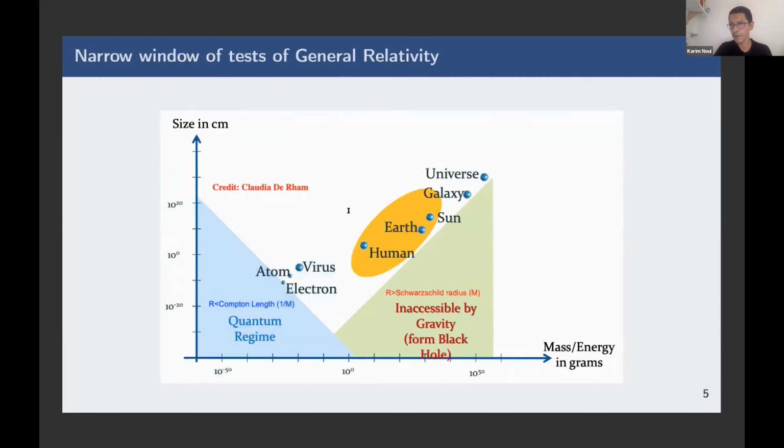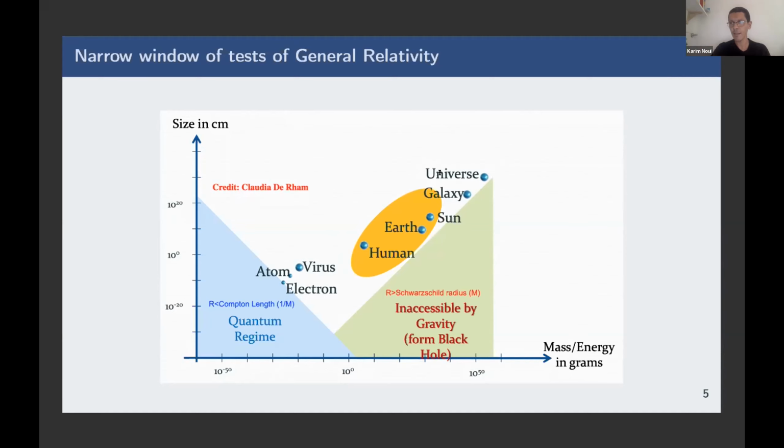The yellow area corresponds to the domains where general relativity has actually been tested. This is a cartoon and it is limited, but it is interesting to see that general relativity has been tested in a narrow domain of the parameter space.